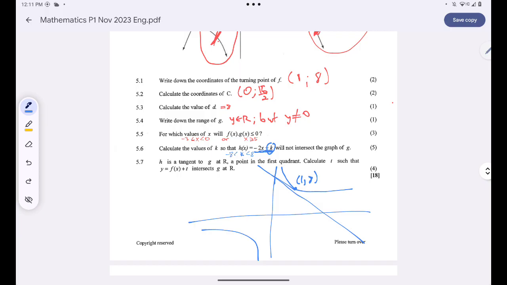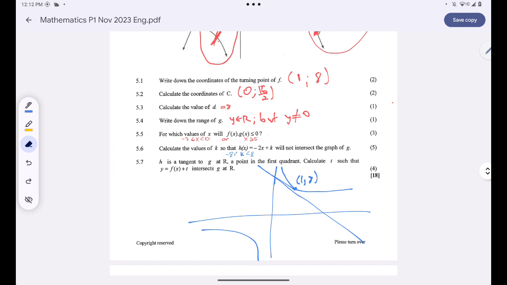Okay, the first thing that you need to know, for the graph of h to be a tangent, k must be a positive 8. Are we together? The value of k there must be a positive 8 for it to be a tangent.